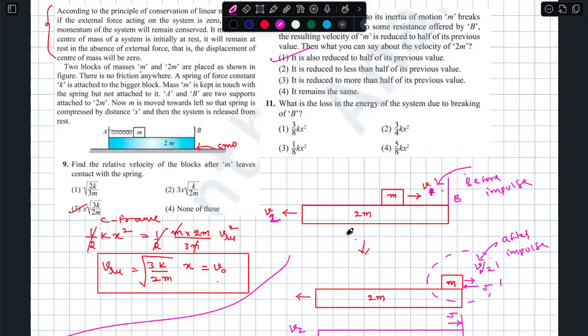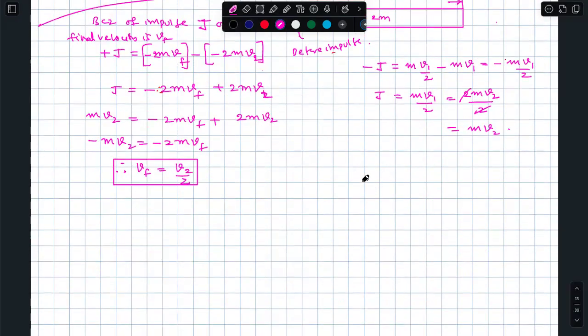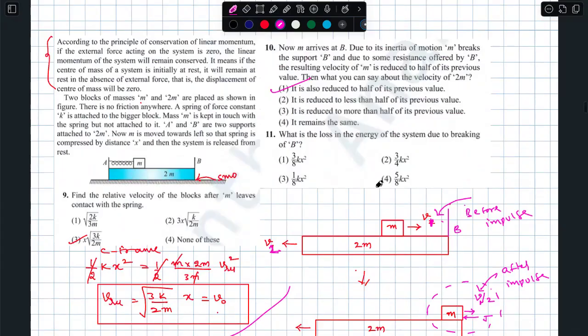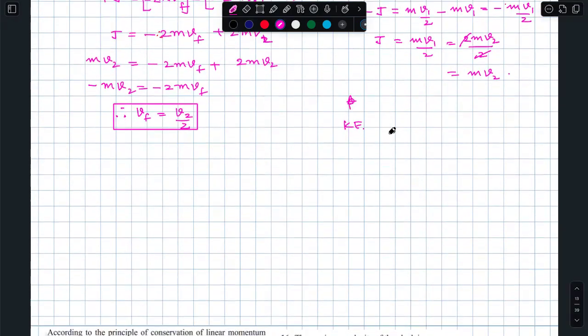Okay. In fact, what is happening, I will explain now. Kinetic energy, I'm speaking about A right now. The top one we will take as A, B, and different, what I said, we will use P and Q otherwise. For P, kinetic energy initially is half m V1 square.